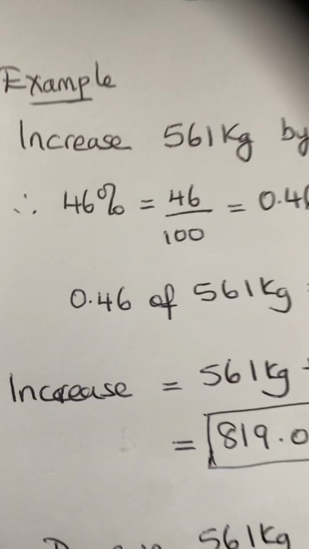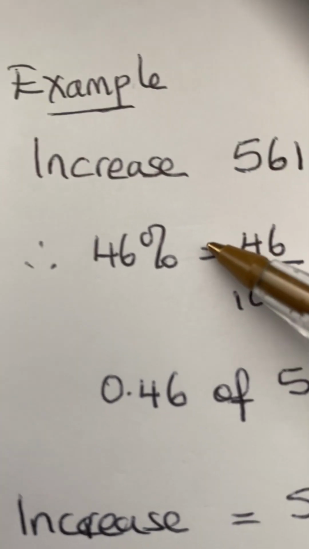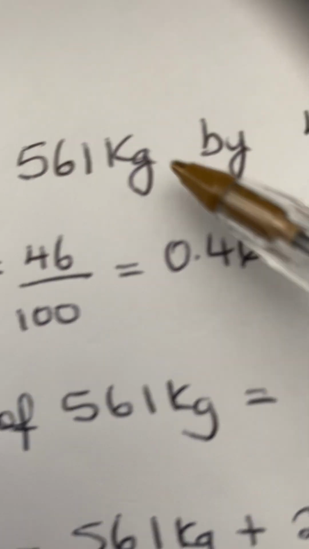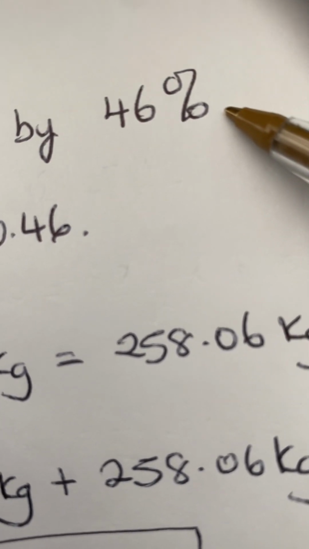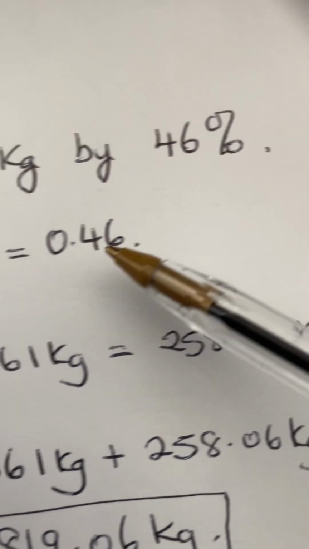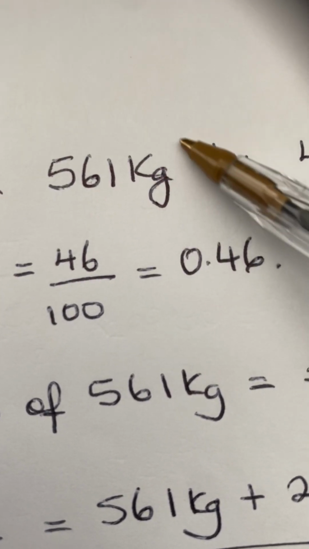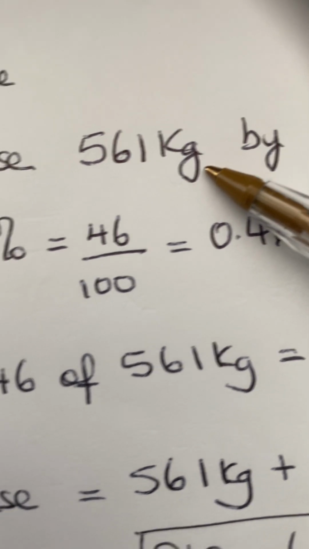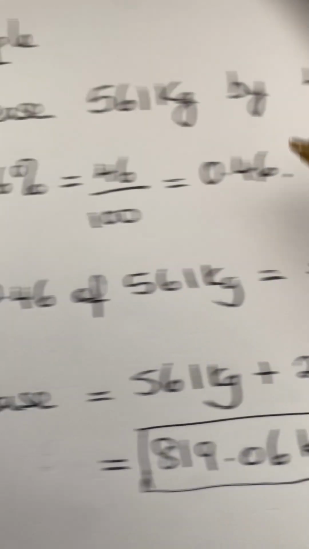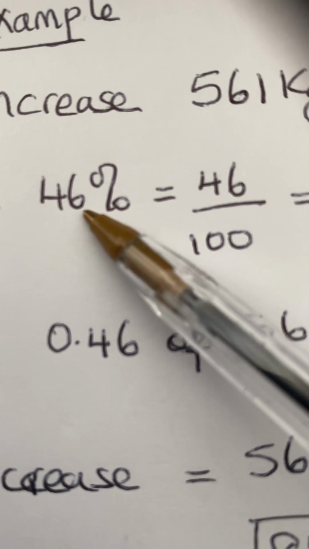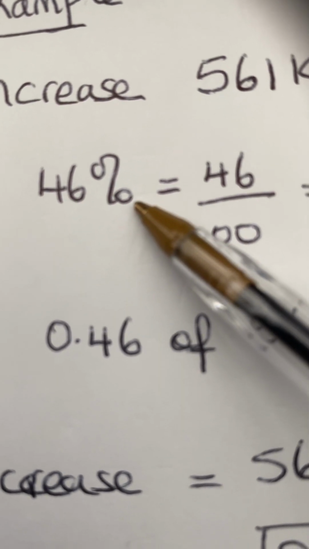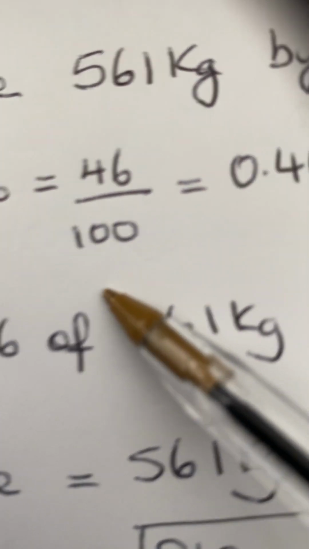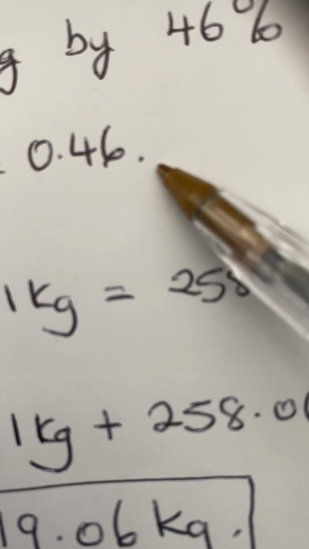Now another example here. Increase 561 kilograms by 46%. Maybe kilograms of a weight, we don't know what it is. Now 46% here, it's 46 out of 100, which is 0.46.